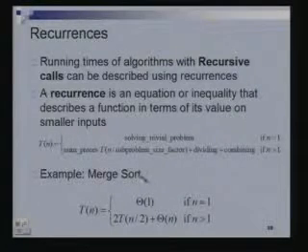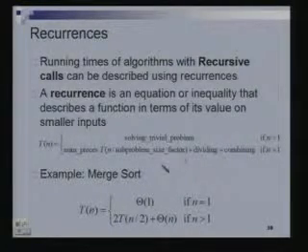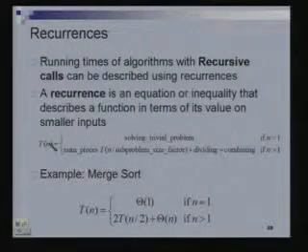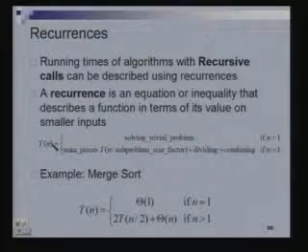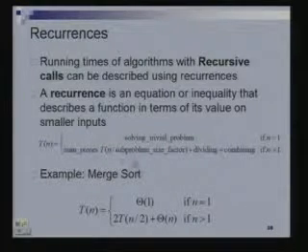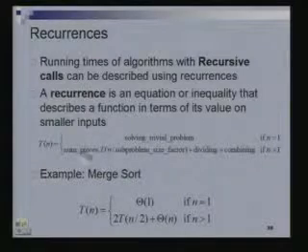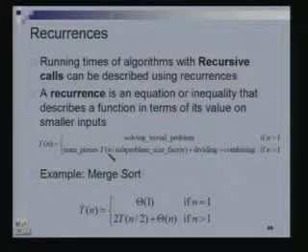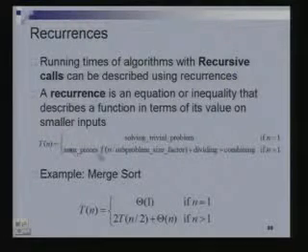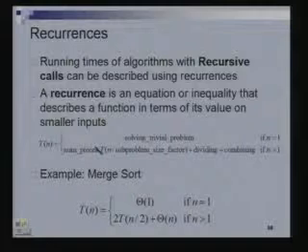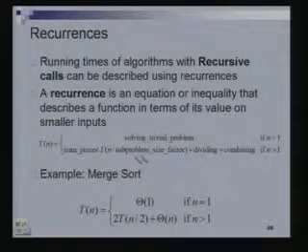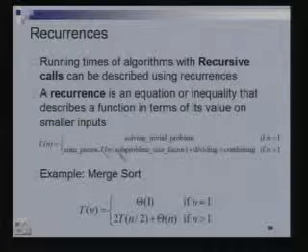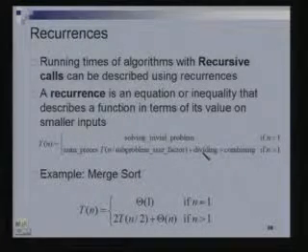For a divide and conquer problem, if T(n) denotes the time taken to solve a problem of size n, then it is equal to the following. Suppose I divided n into some number of pieces. In our example, how many problems did we divide it into? 2. And each of the sub-problems was half of the original.